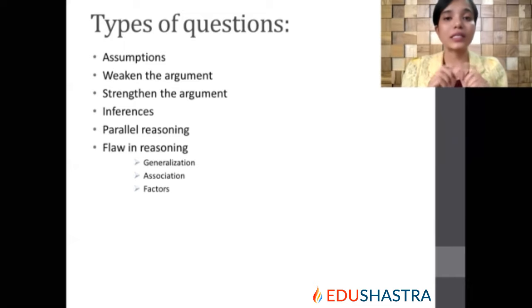So I will read the stem first, then the passage, then my answer options. Why? It might help you. If it is a flaw in reasoning question, you will avoid rereading the passage. Otherwise, you believe the passage, read it, then come to the stem and realize, oh no, it's a flaw, and you have to go back and find the error again. That won't happen when you follow these steps. So always read the question first, that is the stem, then the passage, then come to the answer options.